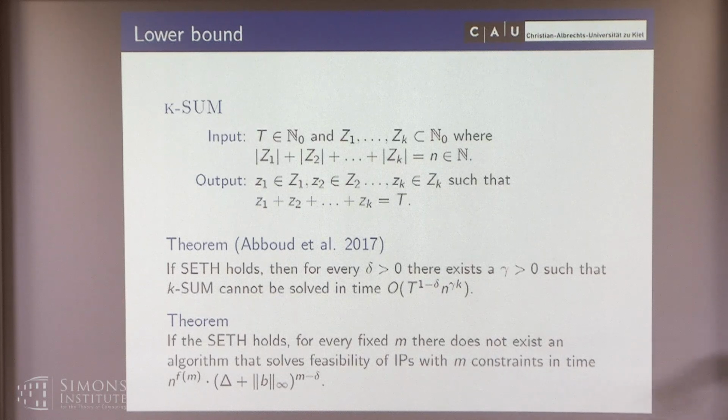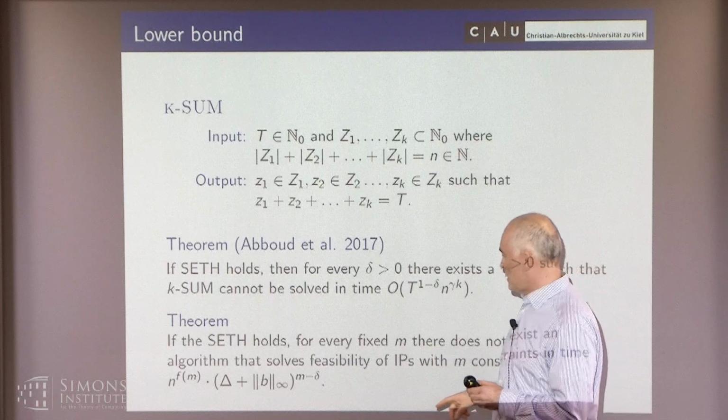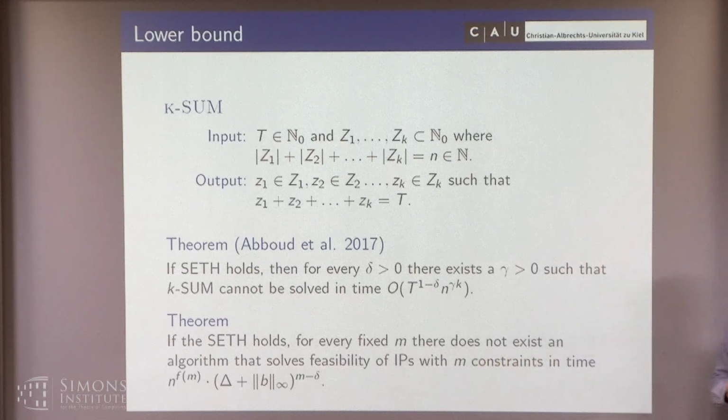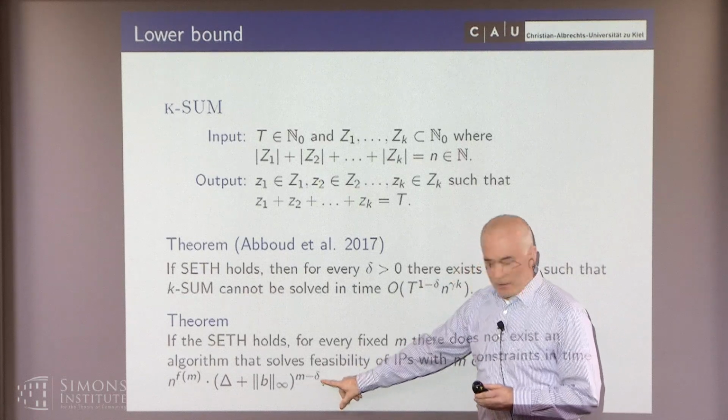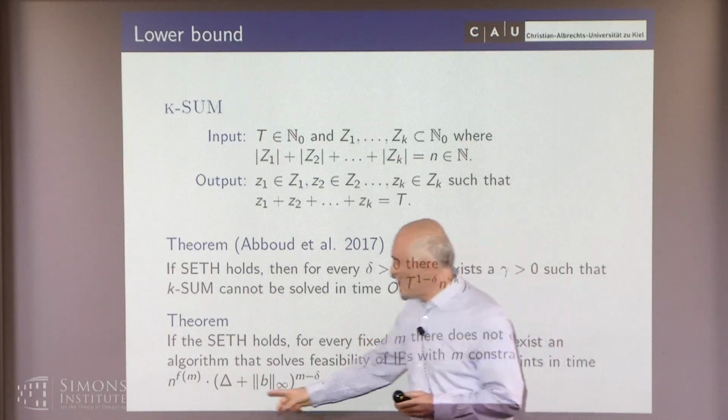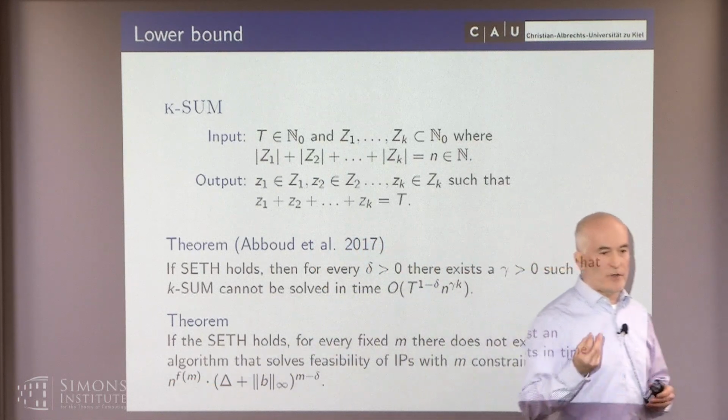And this you can use directly to prove that there's no algorithm for the feasibility problem, where you get a running time of n to f of m, and this here to the power of m minus delta. And what do you get for n again in yours? I thought it was linear. So if you would like to improve this by a little amount, by some fixed delta here, you can show that it's not possible even if you take a very large value, a function in m.